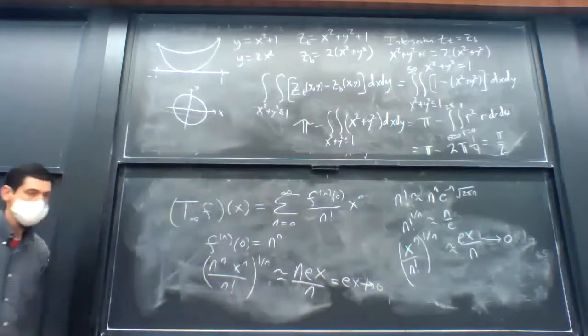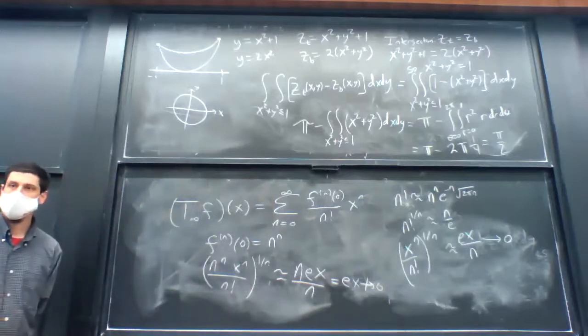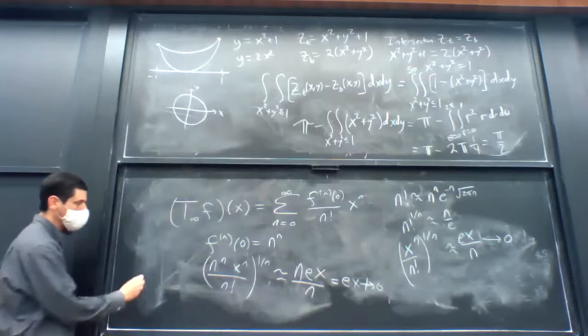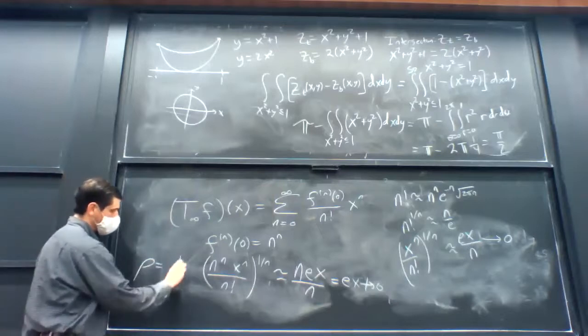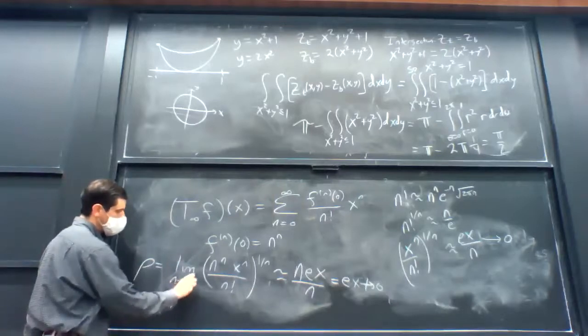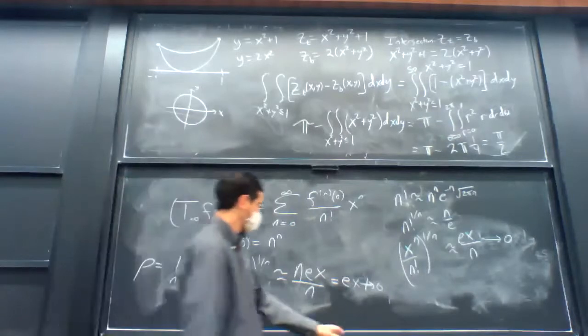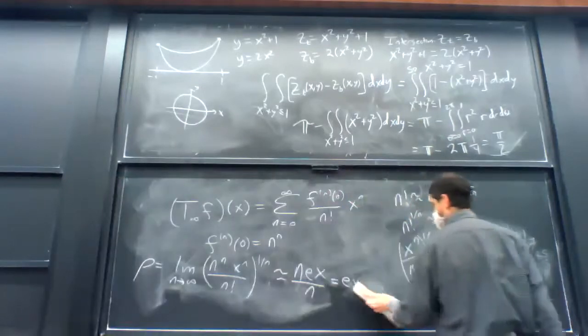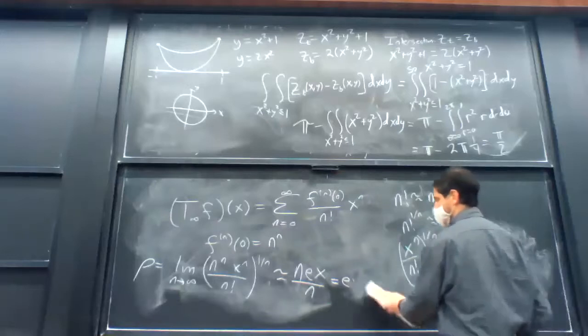So for what values would this converge? So this is my rho. The rho equals the limit as n goes to infinity. For what values of x would this converge?